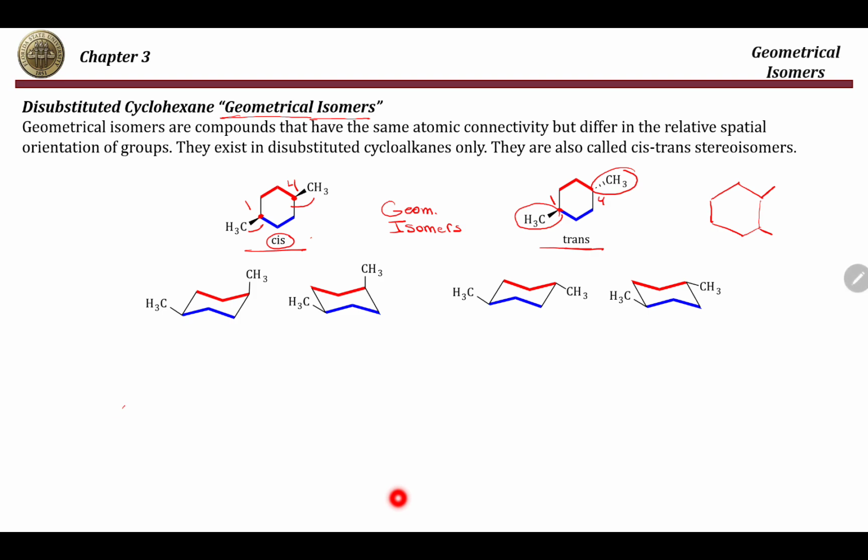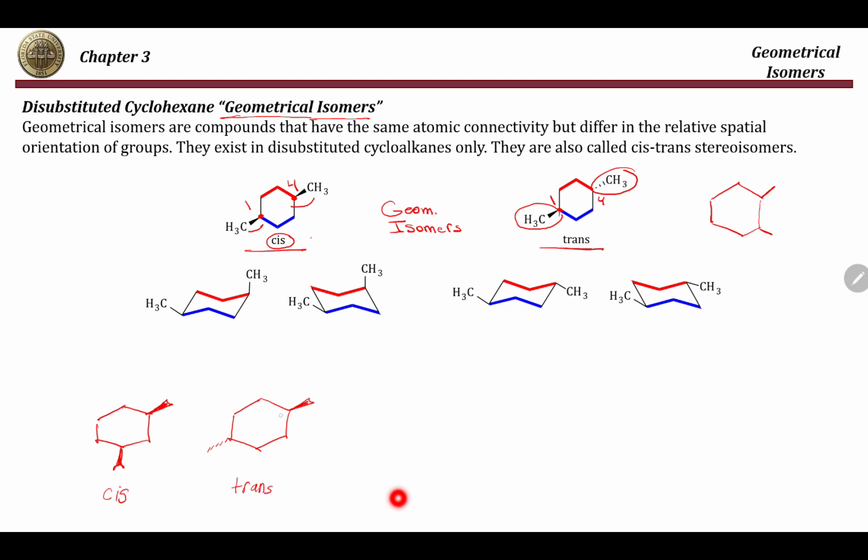If the branches were at different positions, then those cannot be considered as geometrical isomers. Let's say you were given this compound and this compound. Yes, this is a cis and this is a trans.